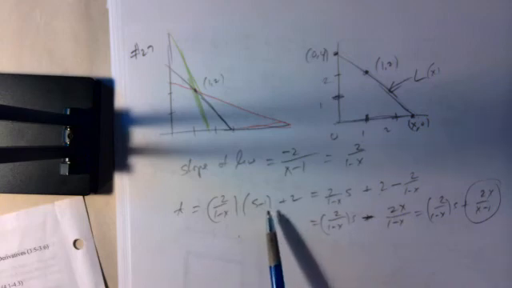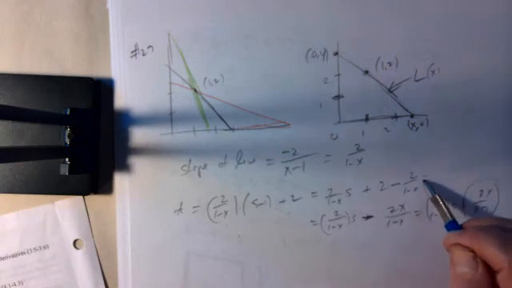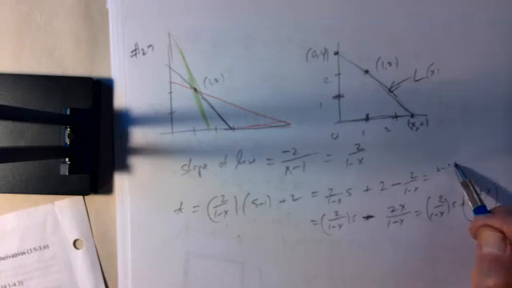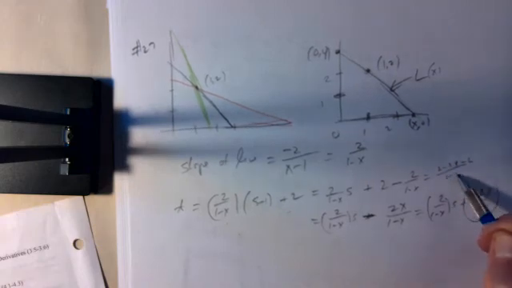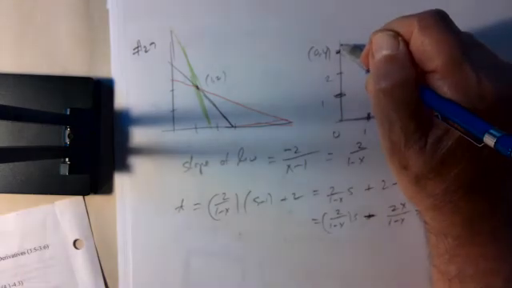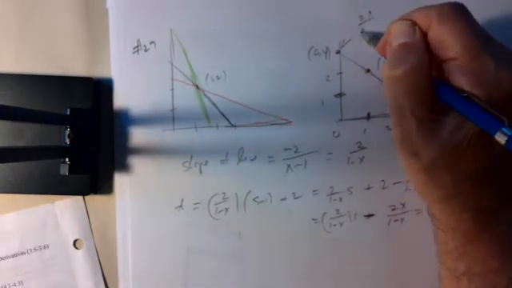The intercept on the vertical axis will be 2 minus 2 over 1 minus x, which is 2 minus 2x minus 2 over 1 minus x, or minus 2x over 1 minus x, or plus 2x over x minus 1. So this point is 2x over x minus 1.